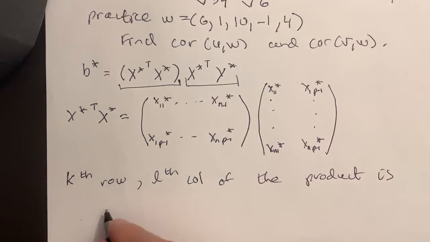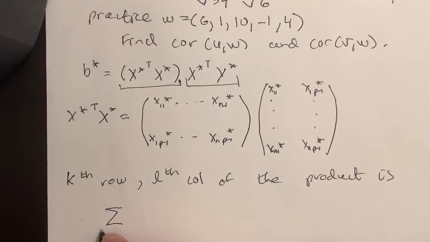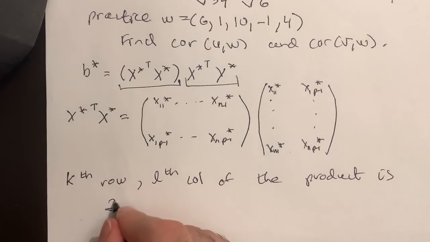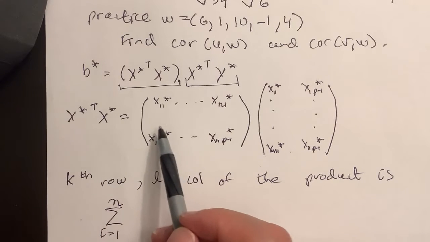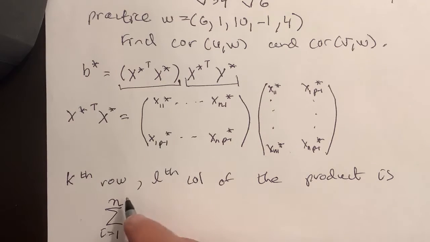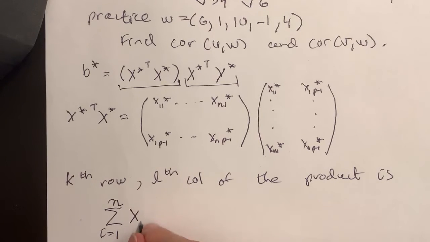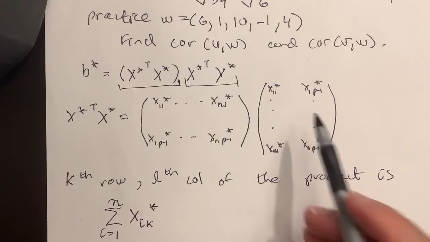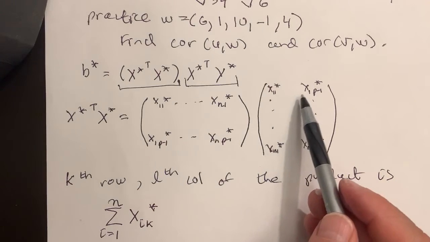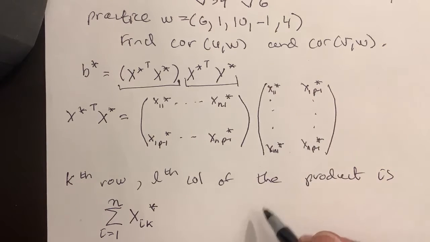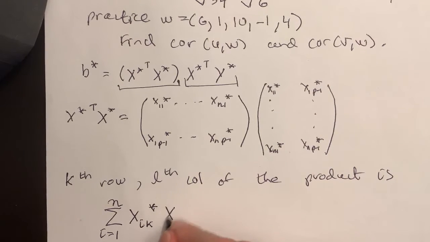So this is just the sum, i equals 1 to n. K-th row, that's the second index here, so I have x_ik star times, and the l-th column is also the second one here, so I have x_il star.